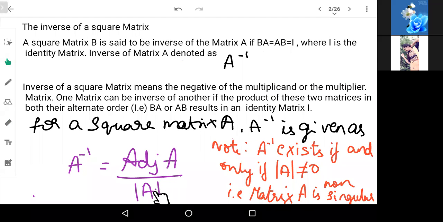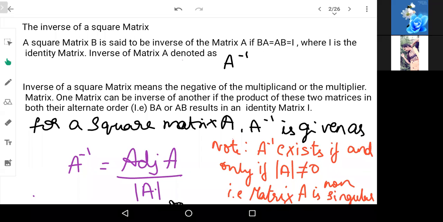Why should it not be equal to 0? Because anything divided by 0 will not give you a proper answer, it will show you an error. So we cannot calculate A inverse if the determinant of A is equal to 0. That is one condition you have to keep in mind.